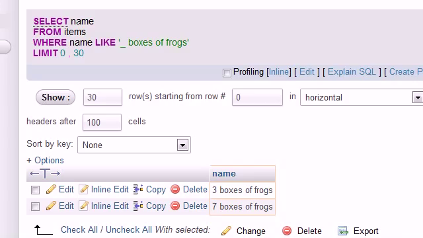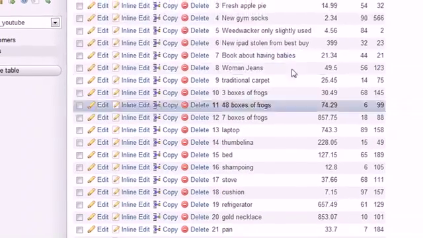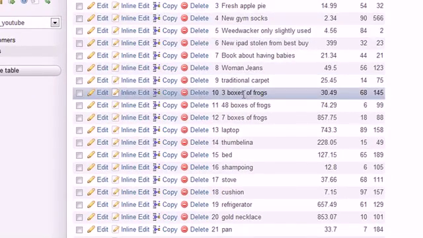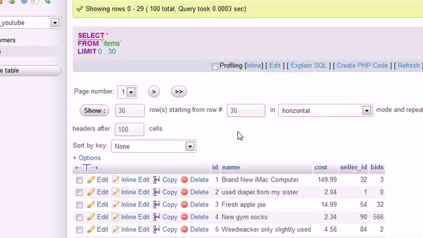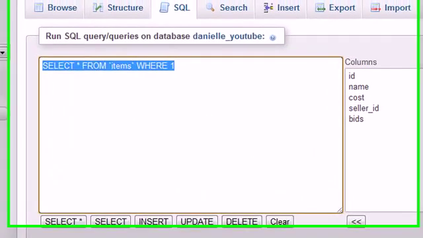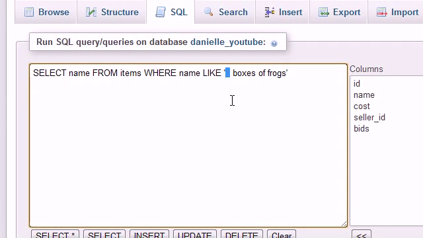Now, if we go ahead and look at the items table and scroll down to the user that's selling frogs, we can see that they're indeed selling 48 boxes of frogs as well. So how come 48 boxes of frogs didn't pop up, only 3 and 7? Well, that is because in our query, we used the underscore character.